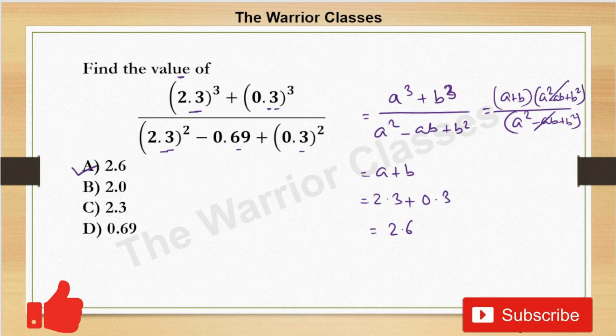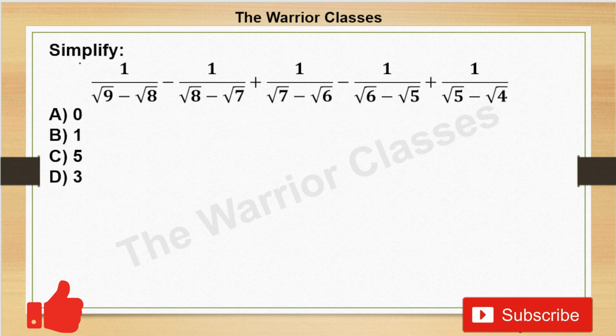Now the next question here is to simplify these terms. So if you see in the denominator we have square root 9 and square root 8, square root 8 minus square root 7. So for solving this term, we'll multiply it by its conjugate. So we'll multiply root 9 minus root 8. Its conjugate will be square root 9 plus square root 8, right?